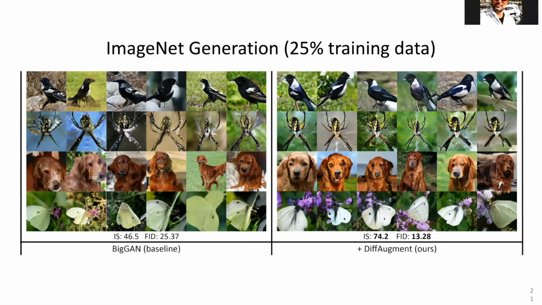Yunjey, I have a question. I just remember I've seen another paper from NVIDIA. It's called training GAN with limited data. I think they also apply this transformation to the output of the generator and the real data. How is this work different from that work? It's quite similar.